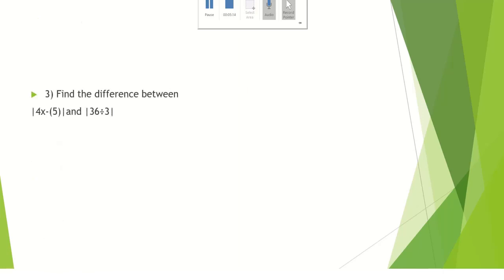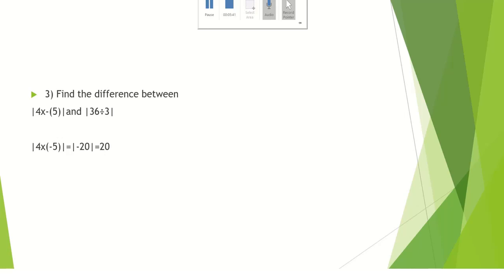The next question: find the difference between modulus of 4 into minus 5 and modulus of 36 divided by 3. When you talk about modulus, the modulus of any number is never negative. Why? That's nothing but the absolute value, which is exactly the distance from 0 on a number line.